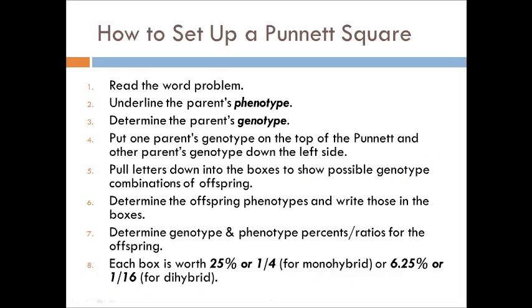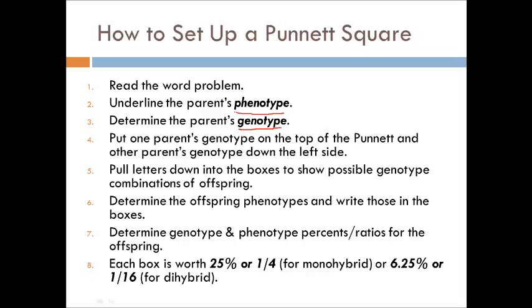Now, how do we actually go about solving and setting up a Punnett square? The first thing is you're going to have word problems. In the word problems, they're going to give you information. The first thing you want to do is underline the phenotype. A lot of times the description of what the parents look like is given. Based on which allele is dominant and which one's recessive, you can figure out the genotype of the parent.